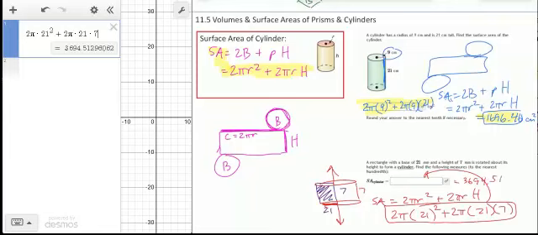The units here are millimeters squared. Surface area is a 2-dimensional measurement. All right, so that's the majority of what you're going to be working with. Okay.